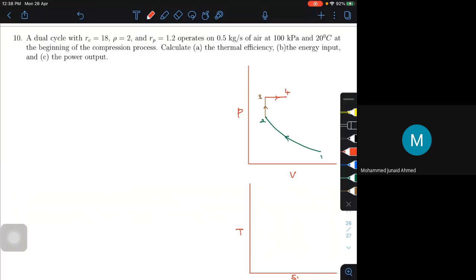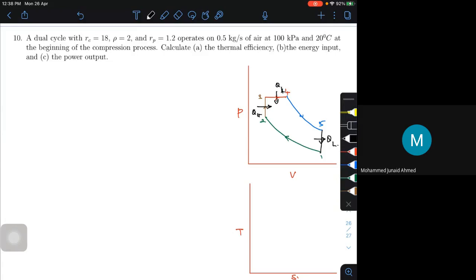Then the expansion process from 4 to 5. Then 5 to 1, constant volume heat rejection. So you have heat addition QH here, and heat rejection QL here.